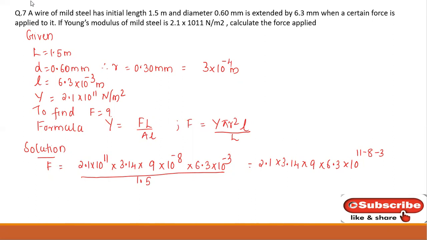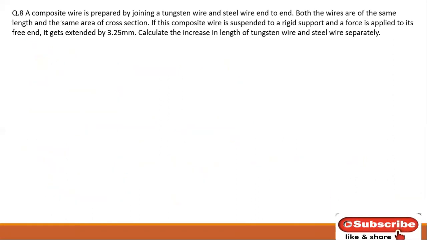Only 2.1 into 3.14 into 9 into 6.3 upon 1.5. On solving this we will get F is equal to 249.25, that is approximately equal to 250 Newton. I hope you all understood the solution. Let us solve the next question.